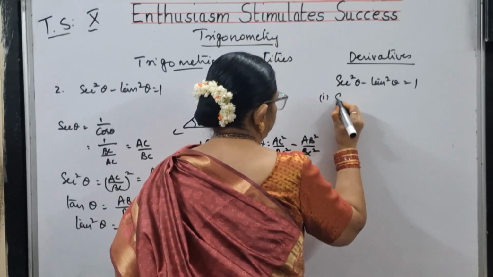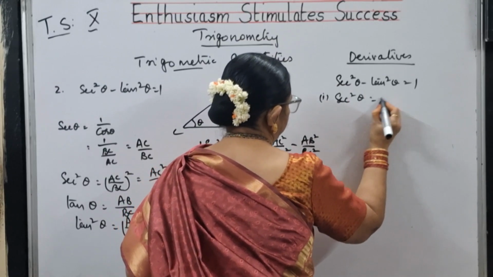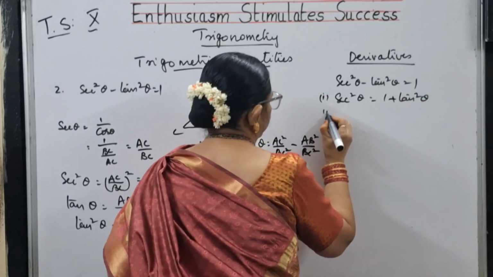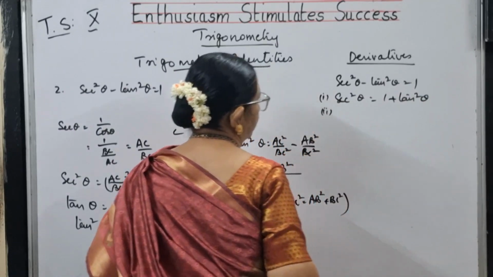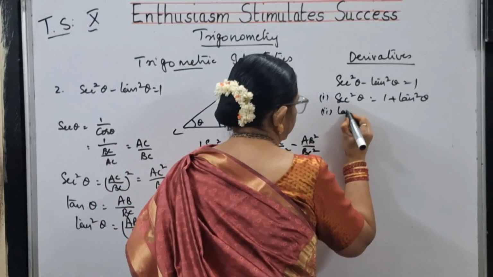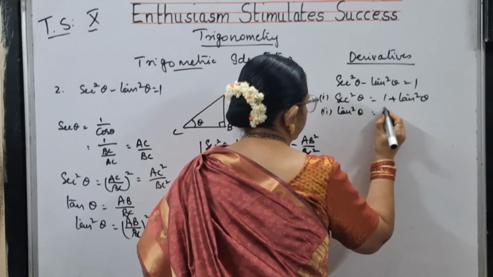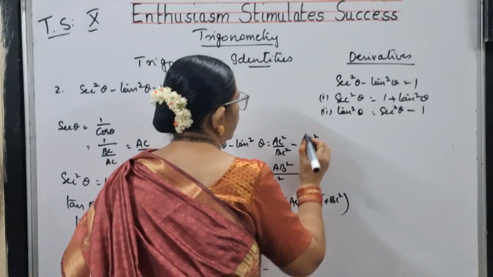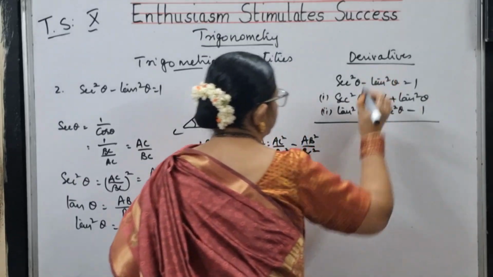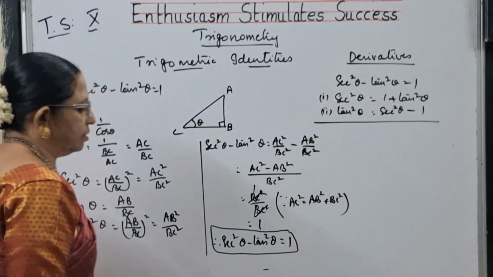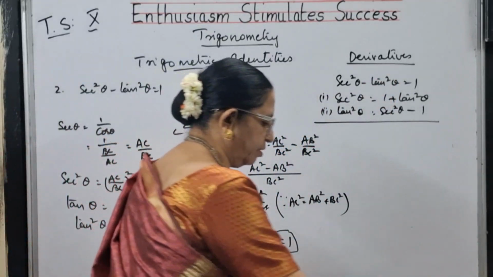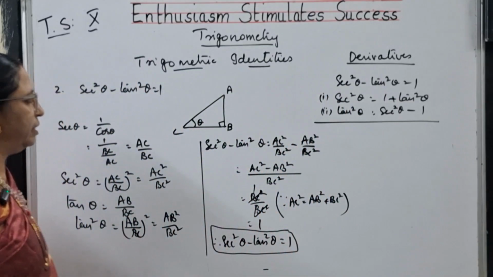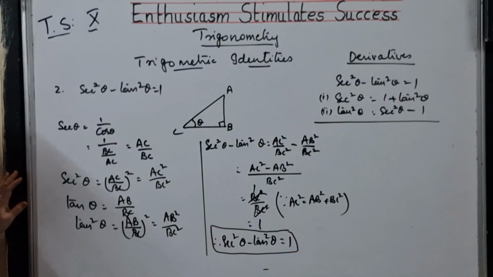So the first derivative is secant square theta is equal to 1 plus tan square theta, and the second derivative is tan square theta is equal to secant square theta minus 1. So these are the derivatives for this formula, secant square theta minus tan square theta is equal to 1. This is the second identity, children. Please note it down.